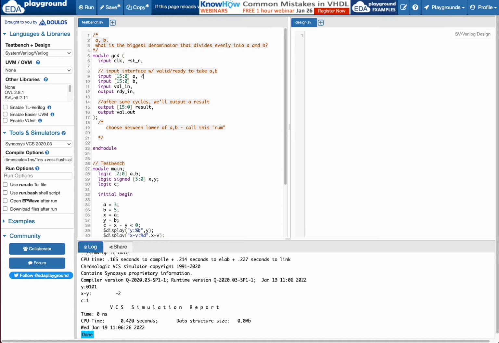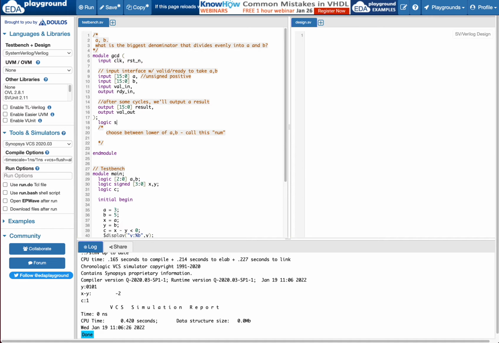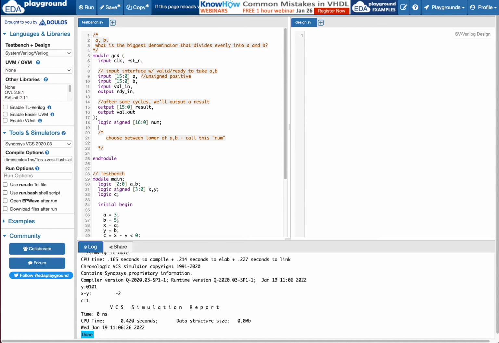So these are unsigned positive. So we call this num, right? So for example, logic signed num, and then assign num equals this initial num. It might be a state thing, but just for simplicity, if it's less, then I'll choose a.